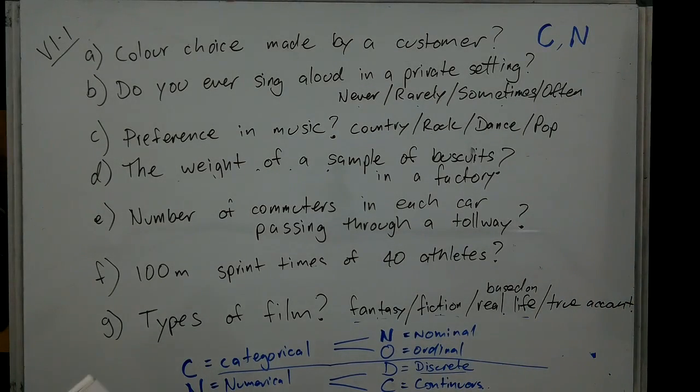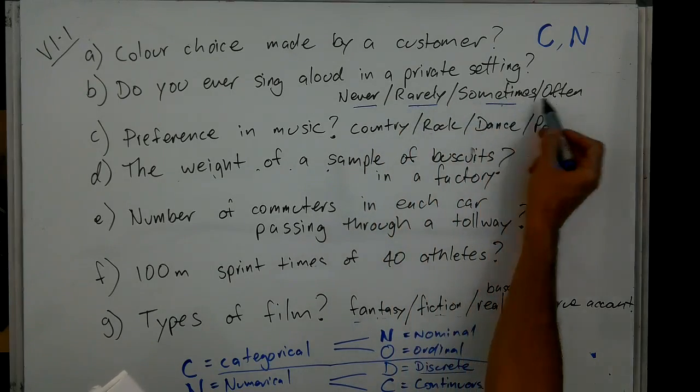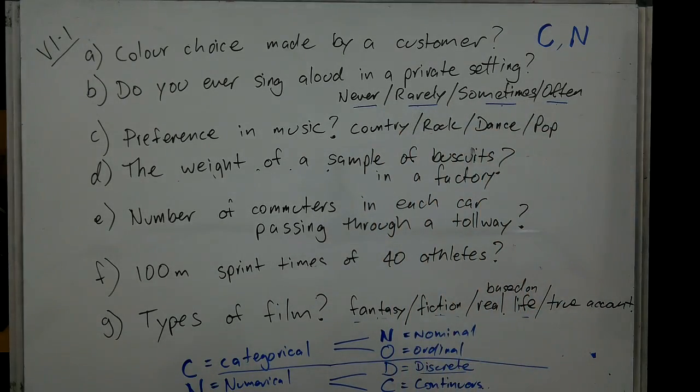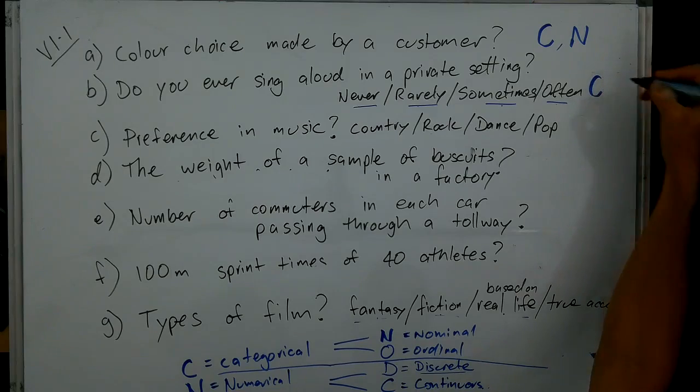Okay, so the second question. B, a group of students were asked the question, do you ever sing aloud in a private setting? And the options given were never, rarely, sometimes, often. So these are indeed categories, so it's categorical.